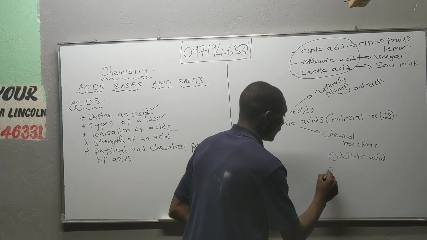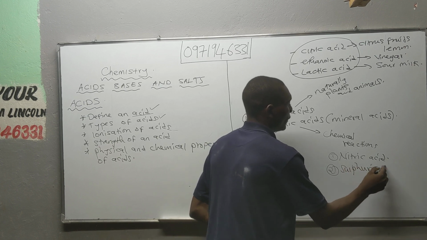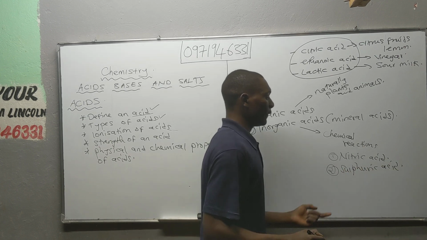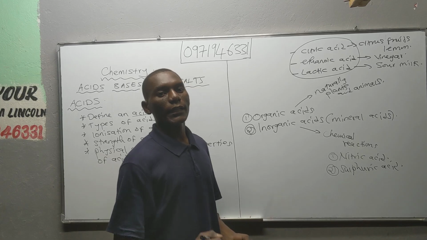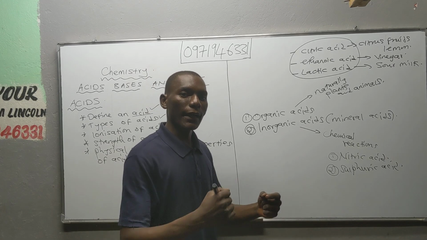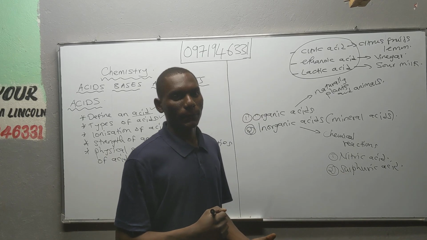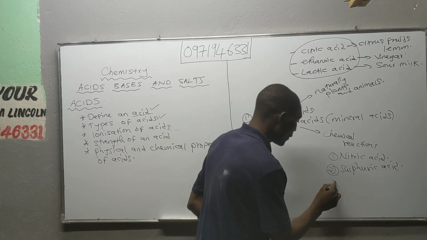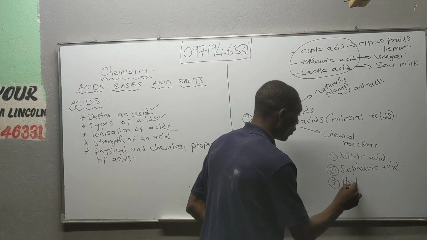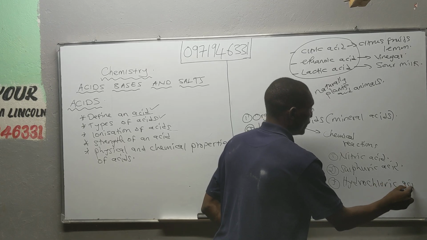Another example that we can give is sulfuric acid. Sulfuric acid is also an inorganic acid because there are certain chemical reactions that take place in order to make sulfuric acid. Another example is hydrochloric acid.